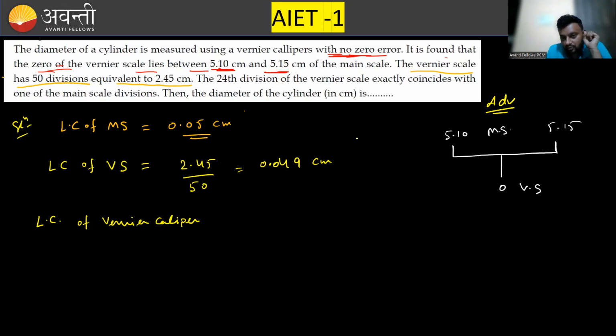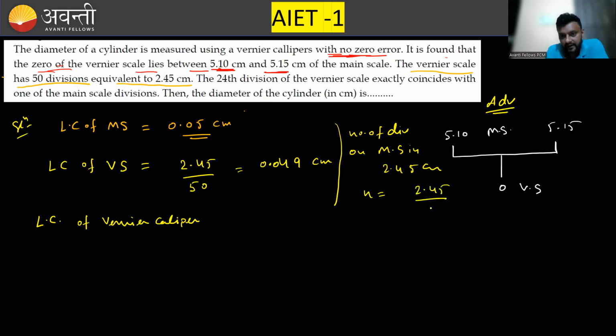So I can write number of divisions on main scale in 2.45 centimeter will be N equals 2.45 divided by 0.05.